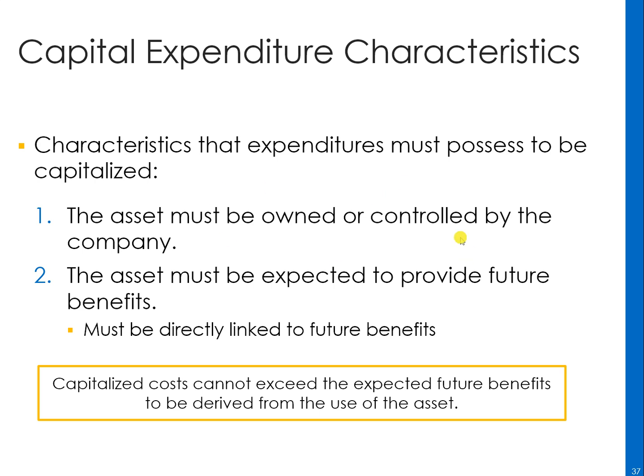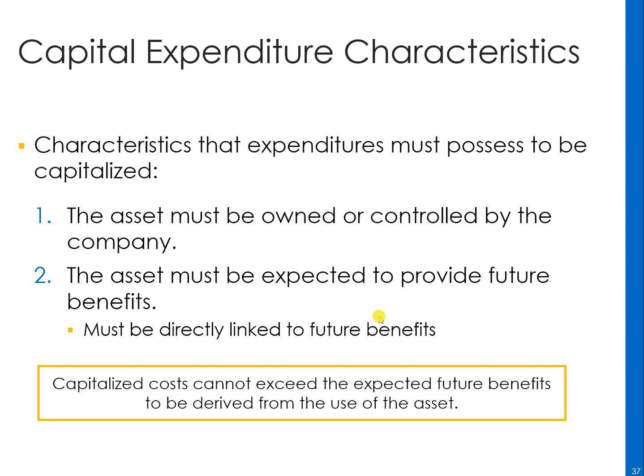If I spend a lot of money renting assets, I cannot capitalize it because I do not own or control it. Sometimes we have to repair our assets. However, those repairs cannot provide future benefit, extra benefit. They can only maintain the current benefit, but they're not providing extra future benefit.